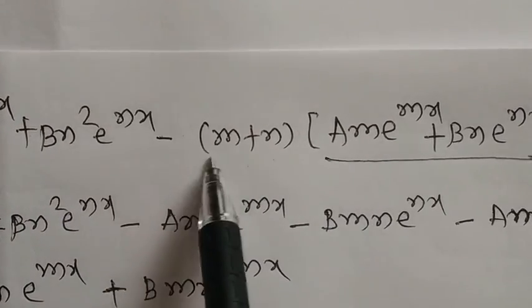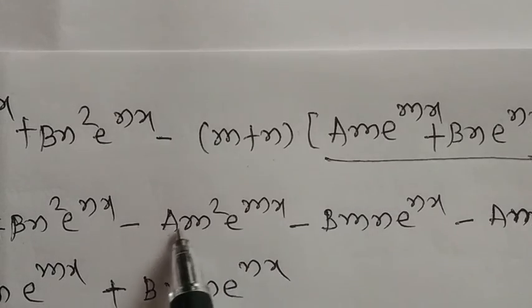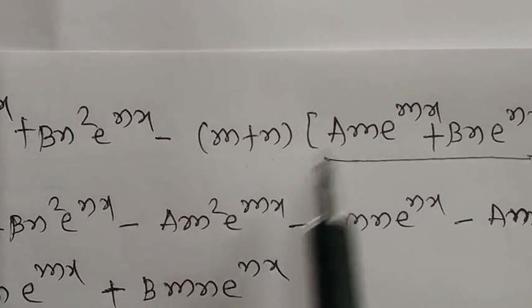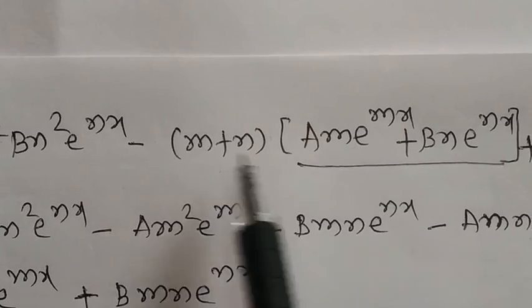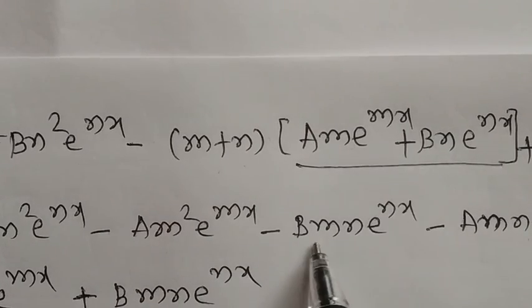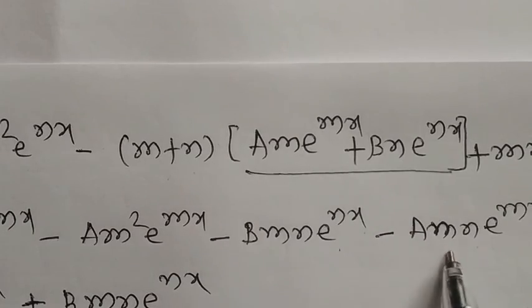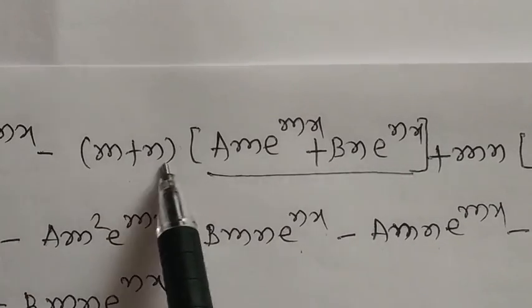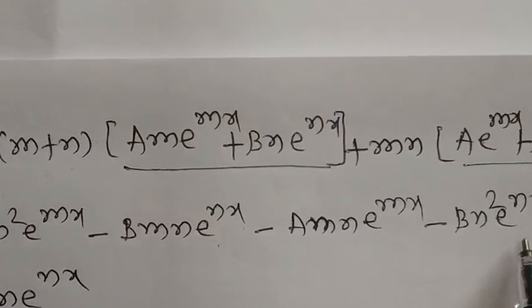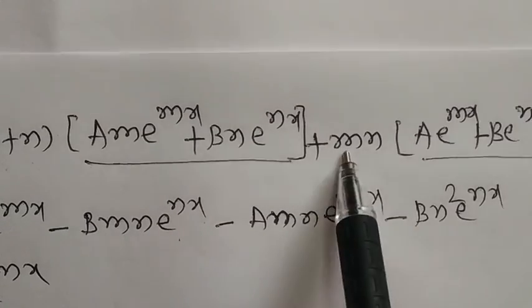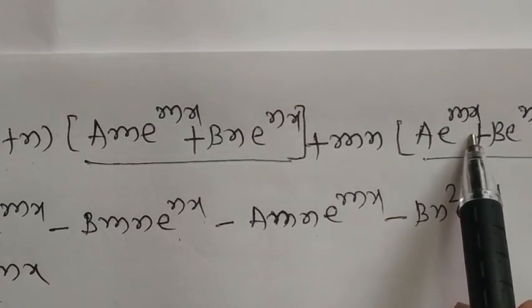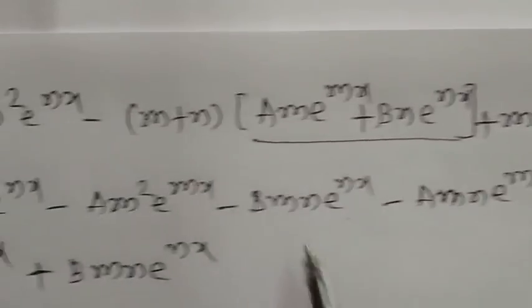So minus a m square e to the power mx plus minus b m n e to the power nx, then multiply by n: a m n e to the power mx and then minus b n square e to the power nx. Here multiply: a m n e to the power mx plus b m n e to the power nx.